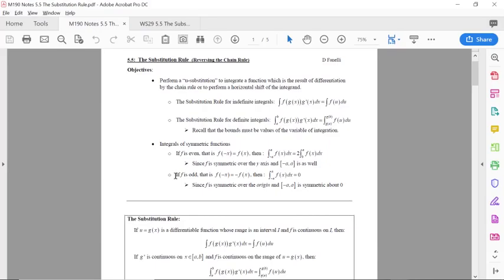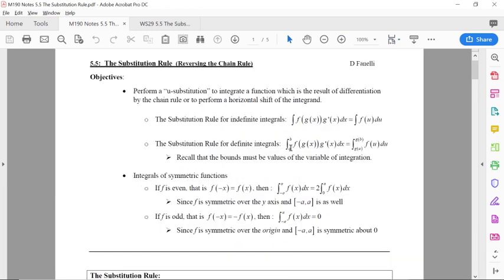Okay, take a look at the notes over here. I show you our substitution rule for indefinite integrals, as was just demonstrated in that example, and the substitution rule for definite integrals right beneath it. The difference being, with definite integrals, we have bounds. Recall, from the geometry of this, when we take an integral and we have the bounds a and b, that would be the left bound and the right bound of the region for which we're looking for the net area, for the function to be bounded from x, the variable of integration, x equals a, to x equals b.